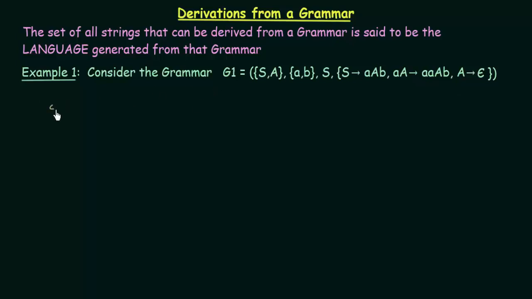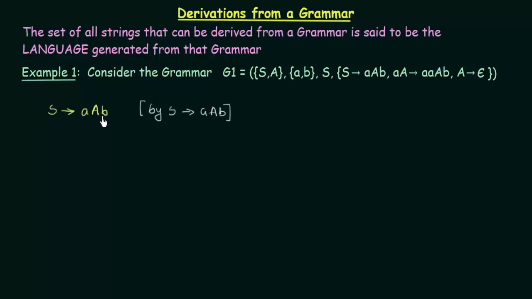Let me start from the start symbol, that is S, and from S I can get aAb, small a, capital letter A, and then b. This is using the production rule S gives aAb. Now let us try to further expand this.